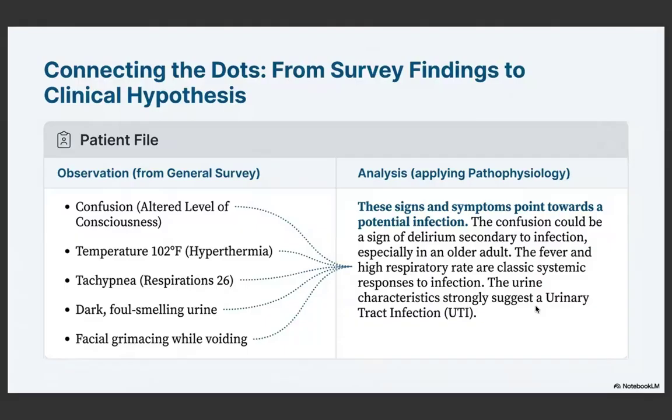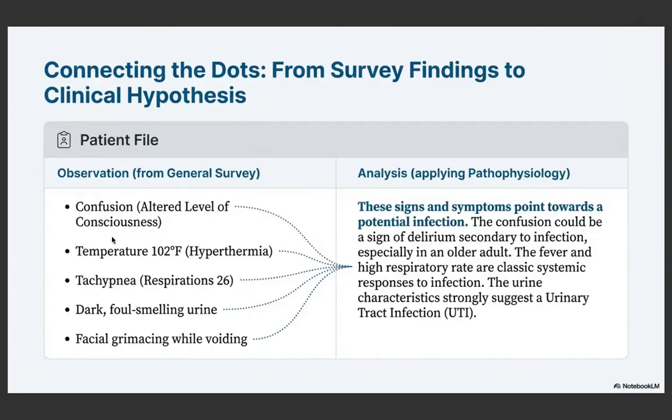All right, so kind of going back to that general survey. When we're working on our CJM and we've taken observations from our general survey and we're starting to analyze those cues, the cues of that high respiration, that bad smelling urine, that pain while voiding, and that altered level of consciousness, especially if they're an older individual, since UTIs can cause altered levels of consciousness in older individuals.